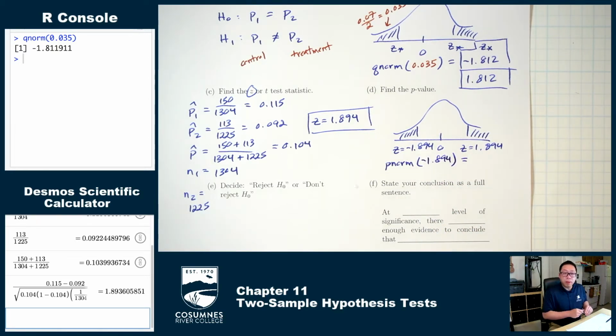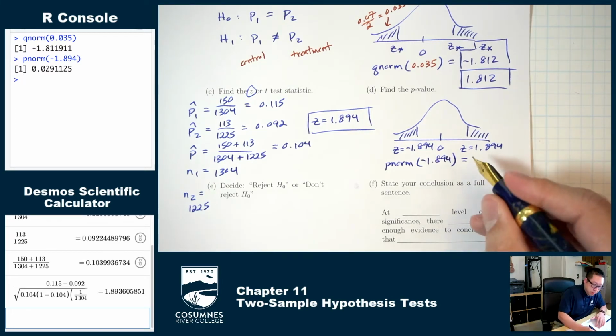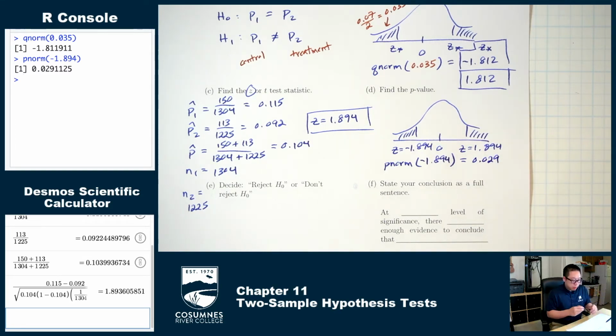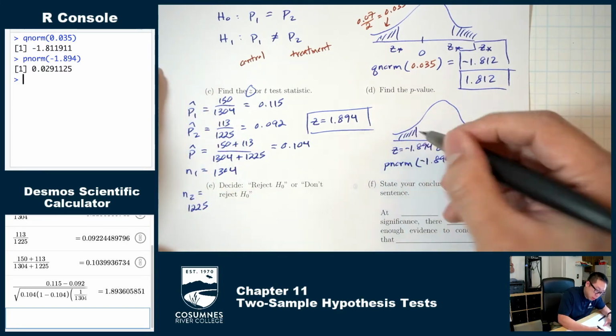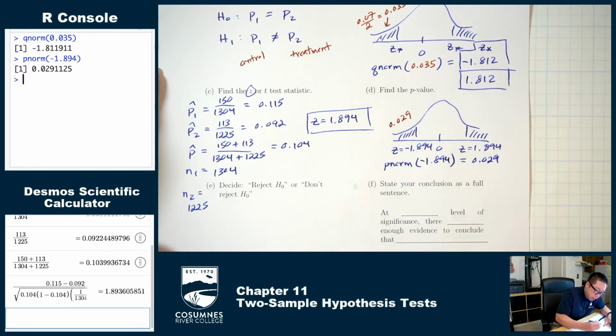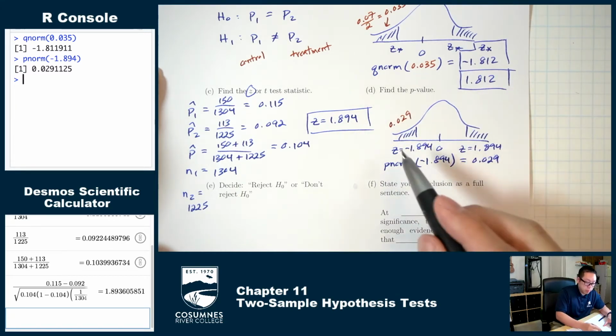So p-norm negative 1.894, 0.029. Okay, 0.029 is the area to the left of negative 1.894. So that's this part. And I want the area of both shaded sections together.